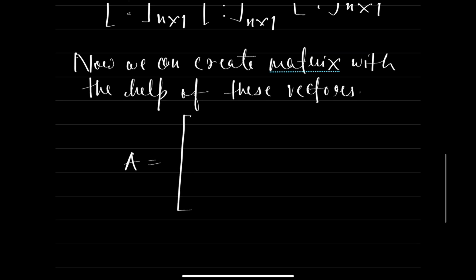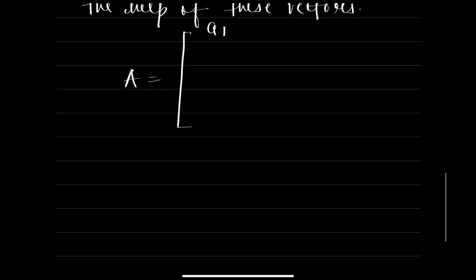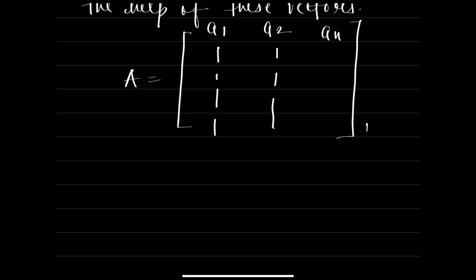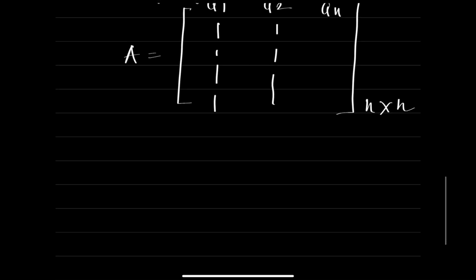Let the matrix be A, with columns a1, a2 up to an, which gives us an n cross n matrix.